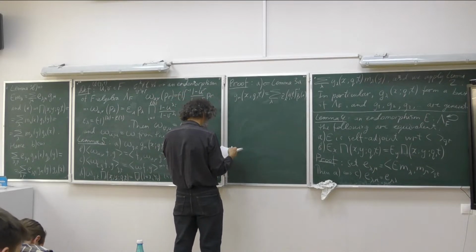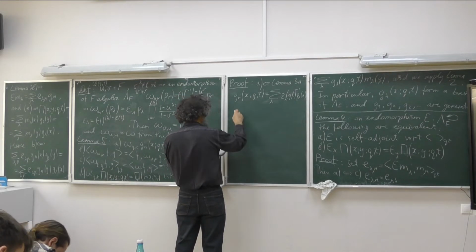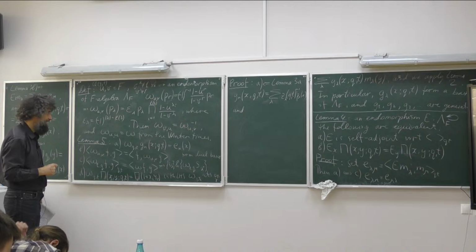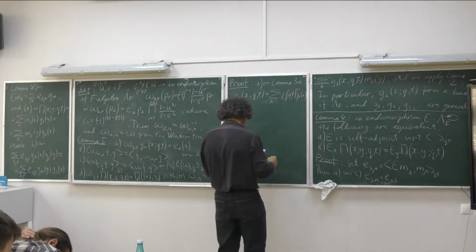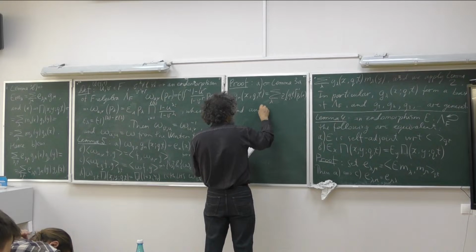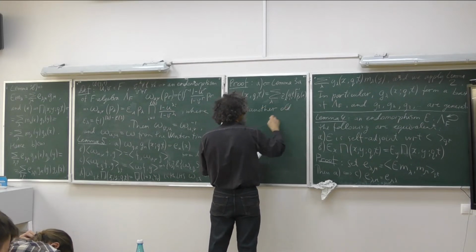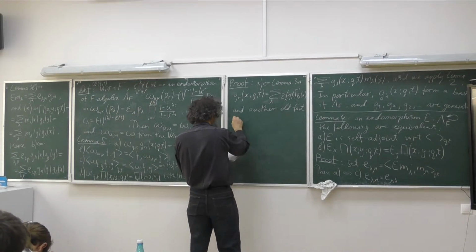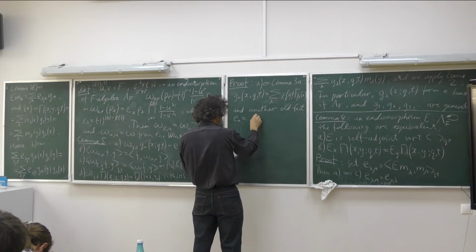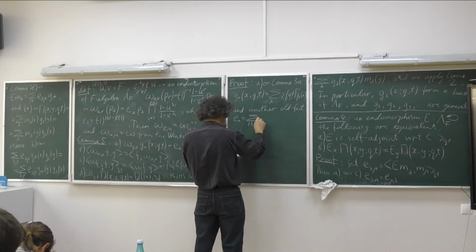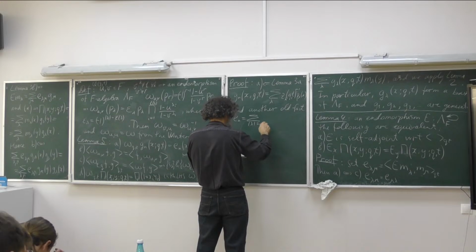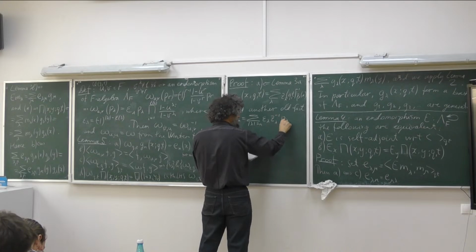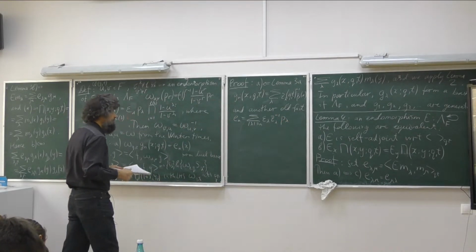So it follows from lemma 3A and another old fact that E_n equals the sum over all lambda of size n of e_lambda, z_lambda inverse, e_lambda. Okay.